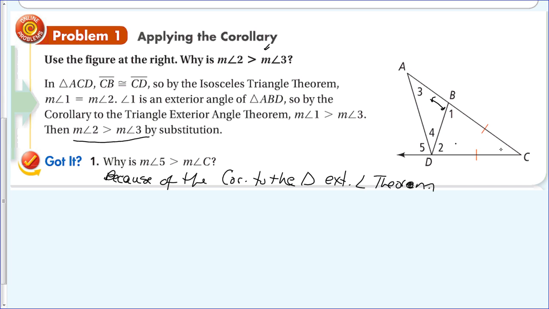This is one of the remote interior angles. So by the corollary to the triangle exterior angle theorem, 5 will have to be larger than the measure of angle C. That's all that says. Pretty simple. Exterior angles are larger than the remote interior angles.